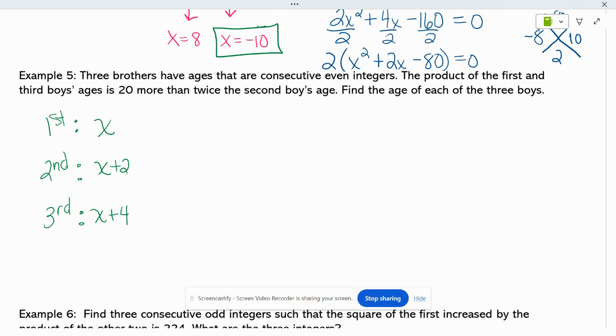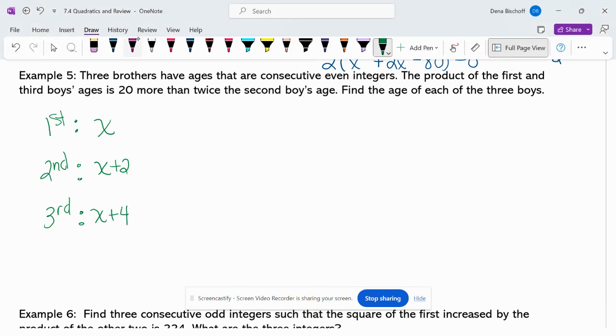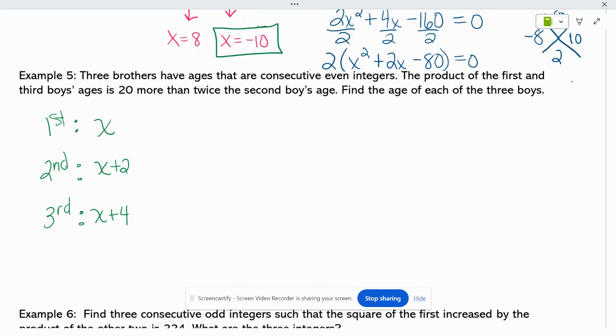All right, Kimber, I'm coming to you because you have a word problem brain. You think you don't, but you do. So Kimber, here's what it says. It says the product of the first and third. What does product mean? Of a what kind of problem?